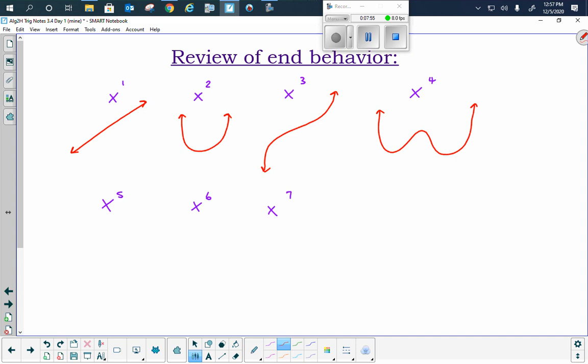X to the fifth, first one should be going down. Okay, x to the sixth better both be going up. X to the seventh. I think you've got enough of the pattern. Okay, so that's what we're talking about.